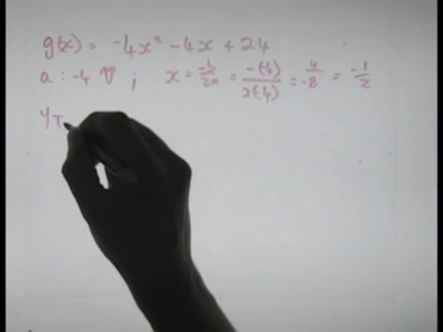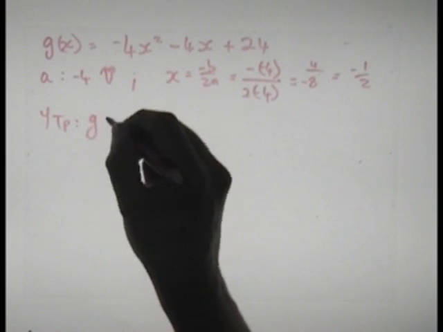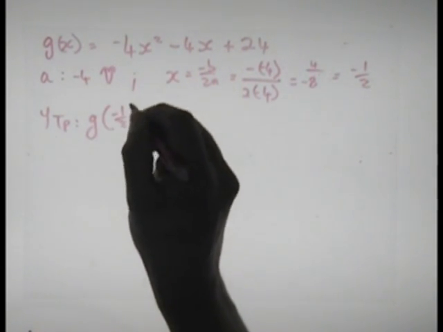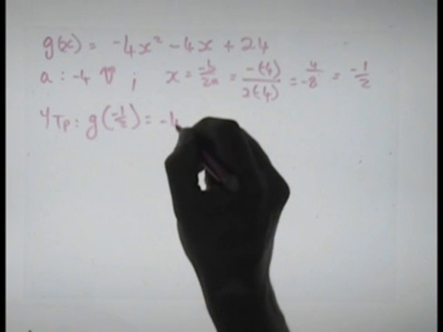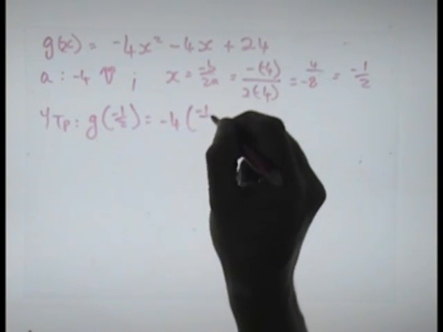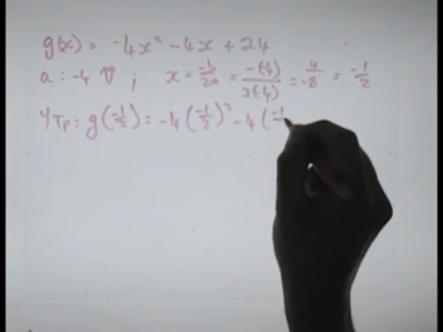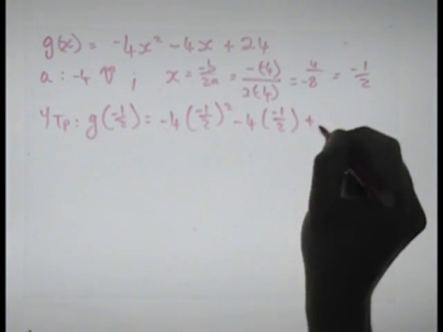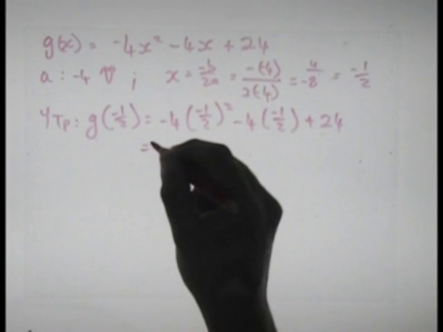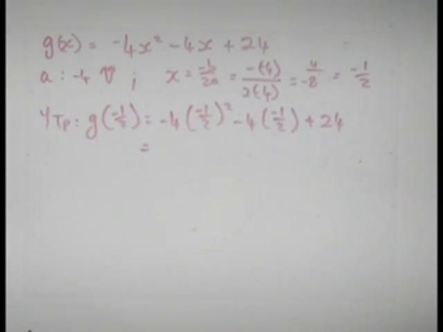Y coordinate of the turning point happens at g of negative 1 over 2, which is going to equal negative 4 multiplied by negative 1 over 2 squared minus 4 multiplied by negative 1 over 2 plus 24. Now this you can sit and multiply it out the long way. Alternatively, you can just use your calculator.